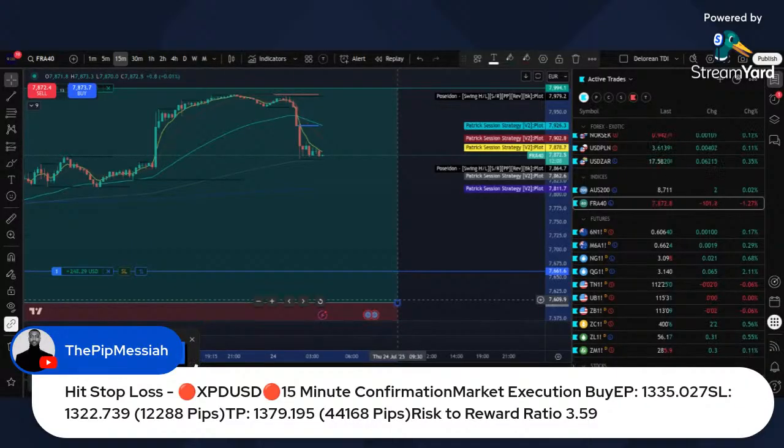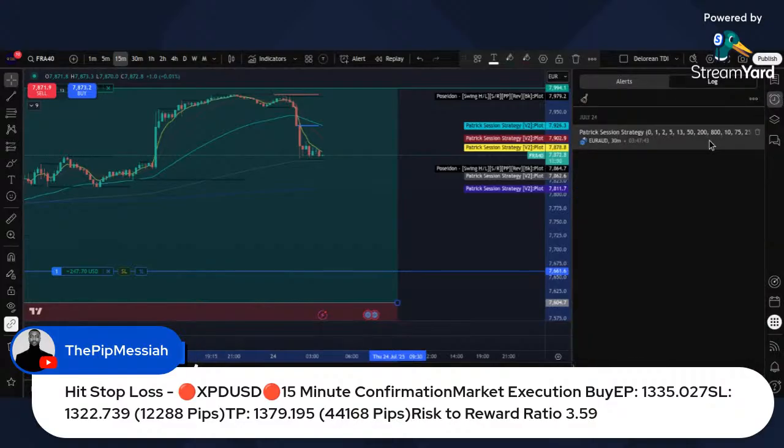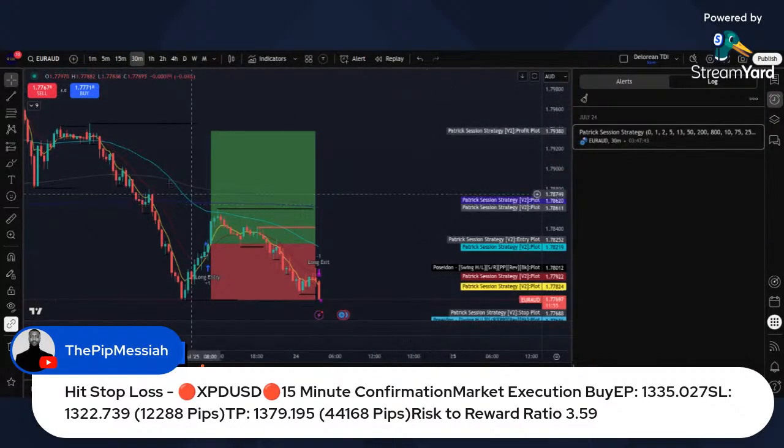So it looks like we have something on euro versus AUD. At the outset I guess we've hit stop loss on an earlier trade. And that is the case.